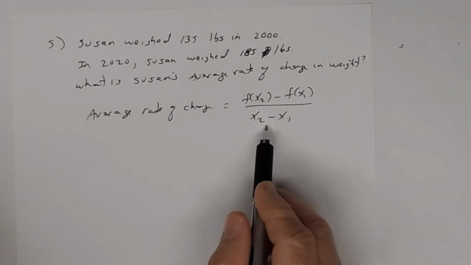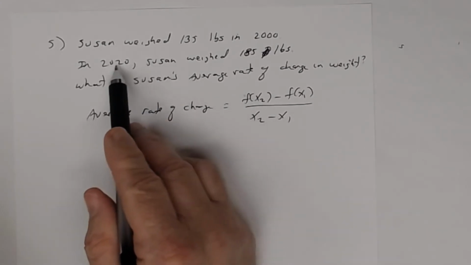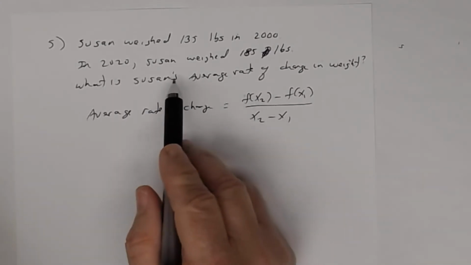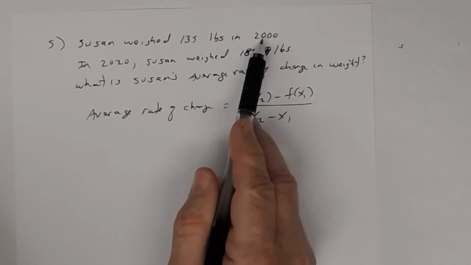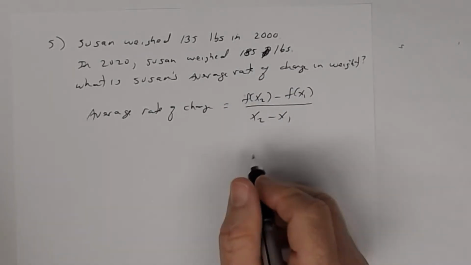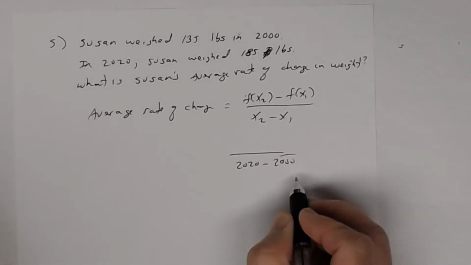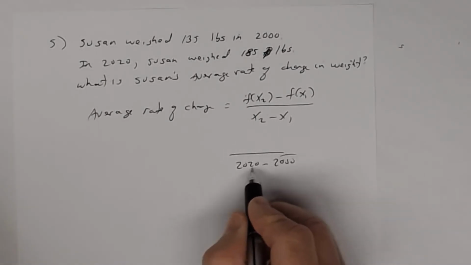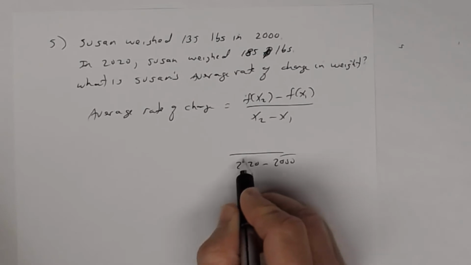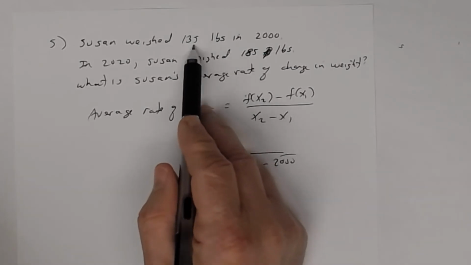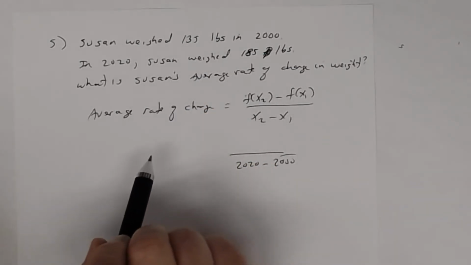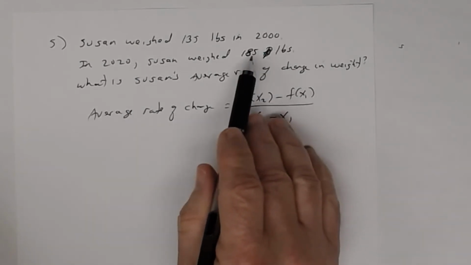Okay, so let's think of the denominators being the year. So I'm going from 2000 to 2020. So let's say 2020 minus 2000. And so the y value that corresponds to 2020 is going to be, 2020 would be what, 185?